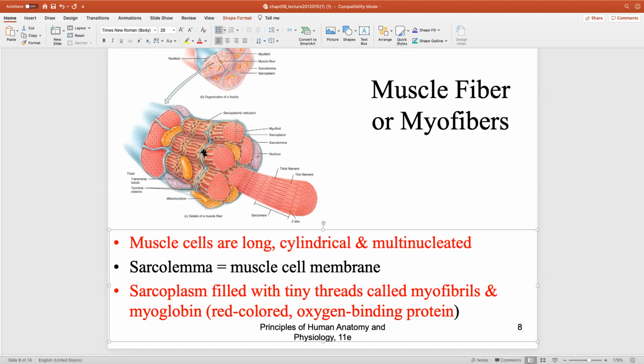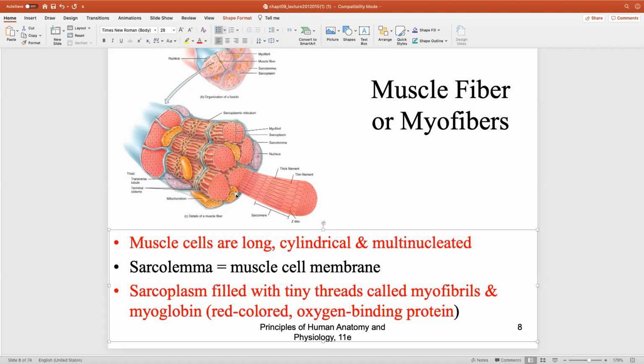The whole internal aspect of the cell is filled with these proteins that are arranged in a system we call myofibrils. So here's one myofibril, another.